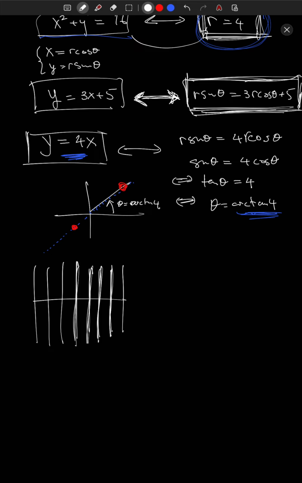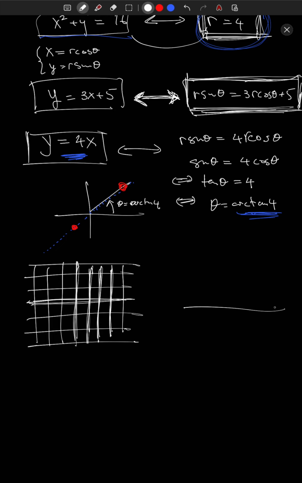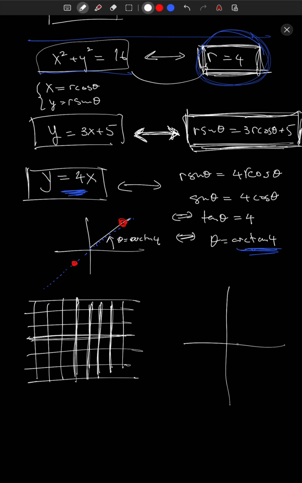Y equals constant, y equals 0 is this one. Y equals 1, 2, 3, -1, -2, -3. So when you look at one of the coordinates being constant, either x or y, in rectangular coordinates, you get a grid like this.